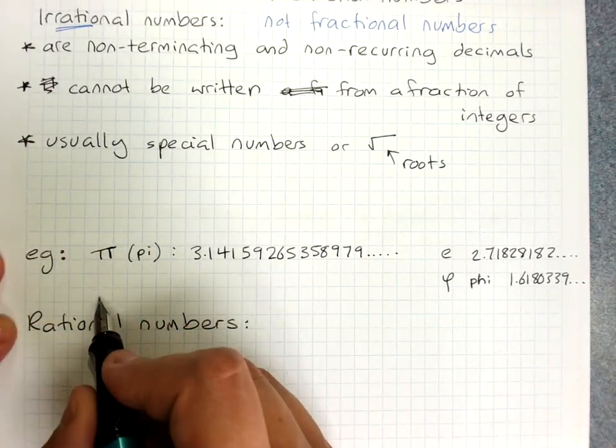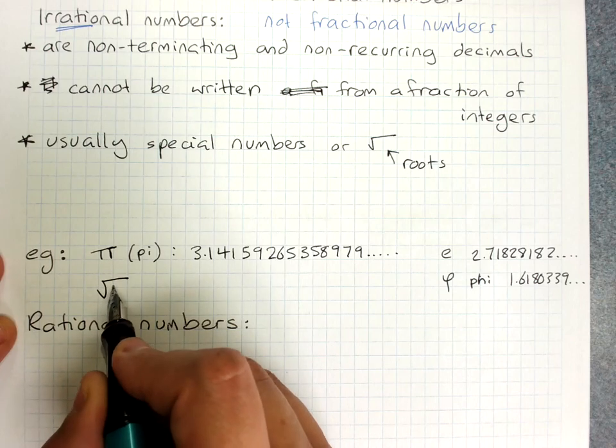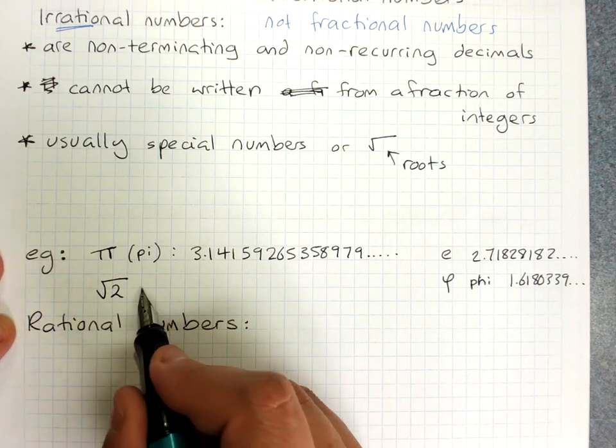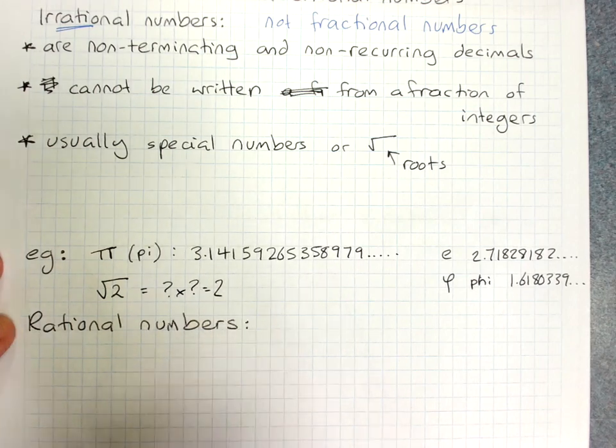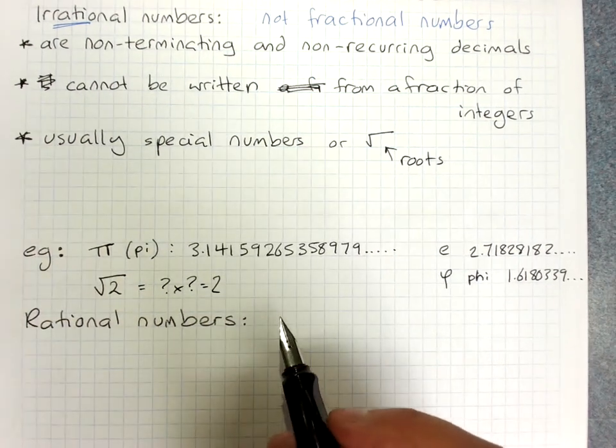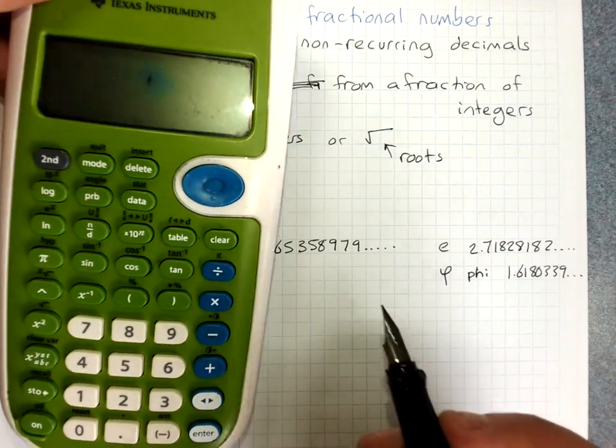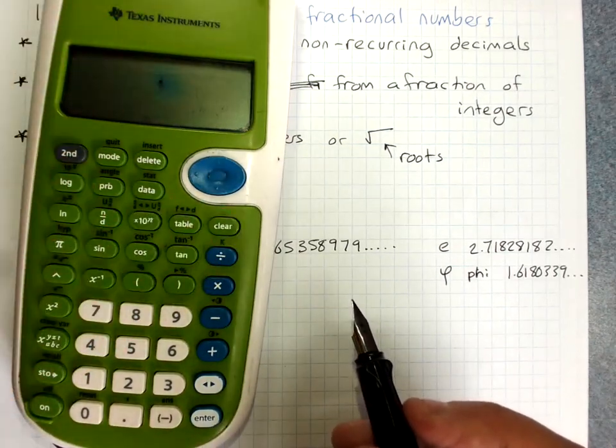Another good example of an irrational number is the square root of 2, where we're asking: what times what equals 2? We can't think of any number off the top of our head that multiplies by itself to give 2.